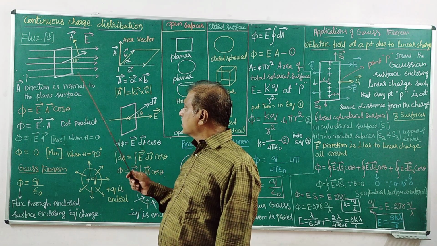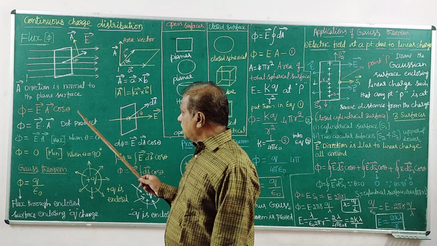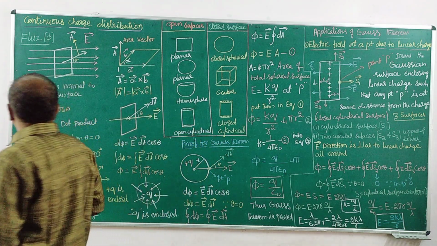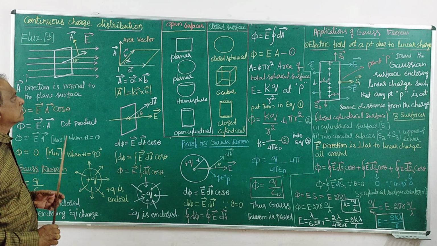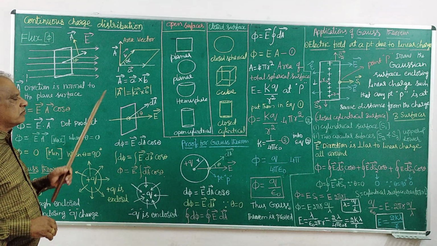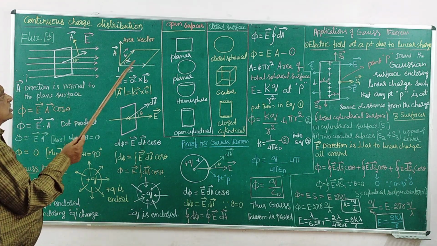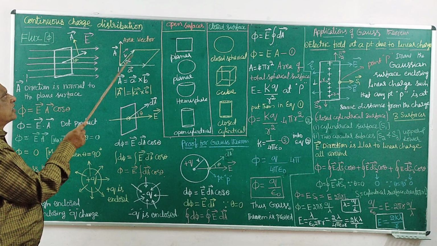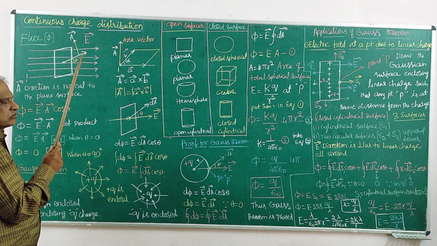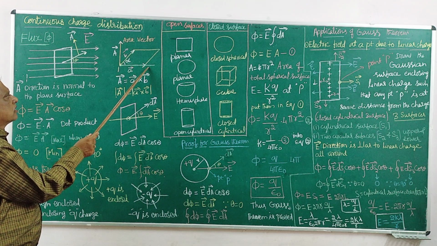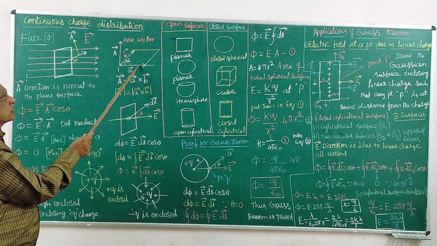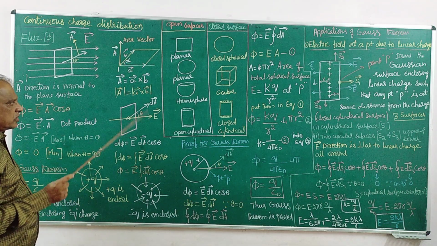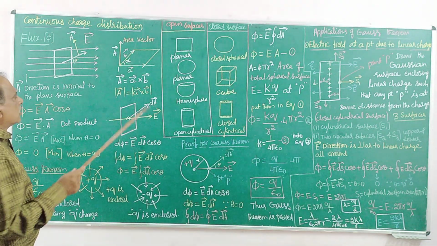To understand that area is a vector, we need some geometry to show it. This is three-dimensional. You can call this the x direction, this the y direction, and this the z direction, three coordinate axes.